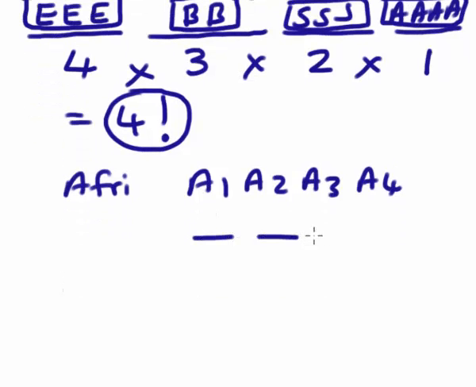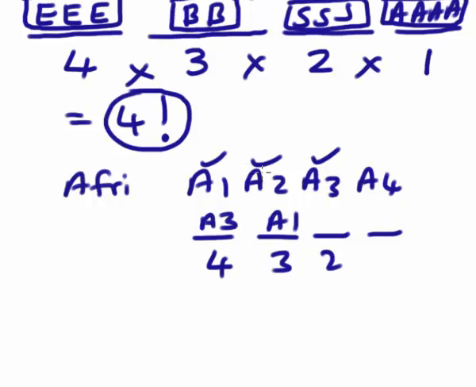Well, look at that. In the first position, there are 4 possible books that could be here: 1, 2, 3, 4. So let's say we decide to put the 3rd Afrikaans book there. Tick it. Now we've got 3 choices. Let's put A1 in there. Now we've got 2 choices, A2 or A4. Let's put A2. And then we're left with A4 that occupies the final position.